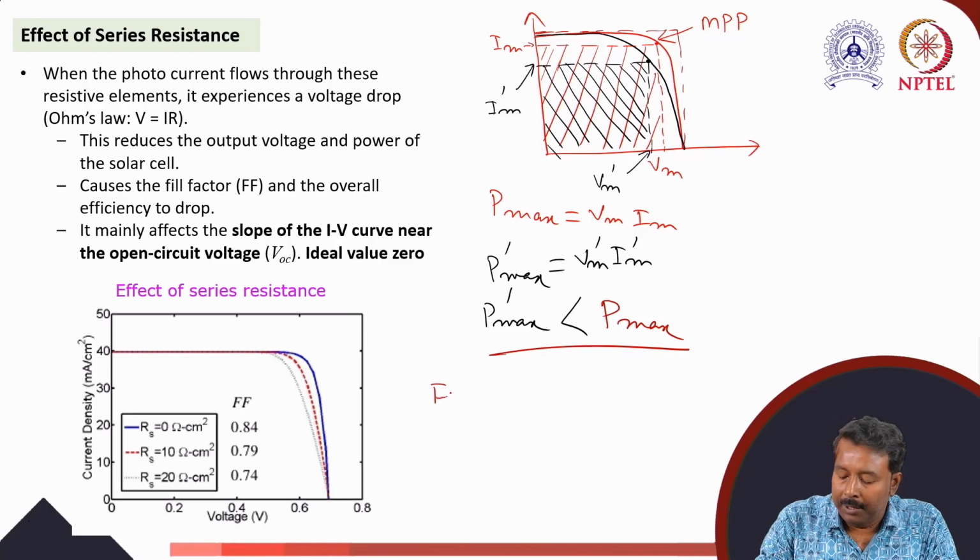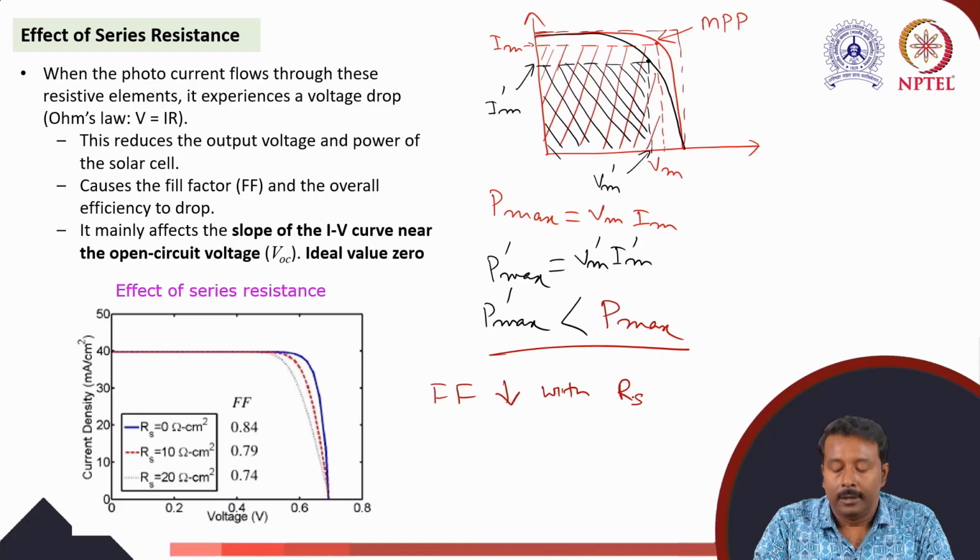That means fill factor reduces with increasing RS. The ratio PM by VOC ISC, that indicates fill factor, will reduce.